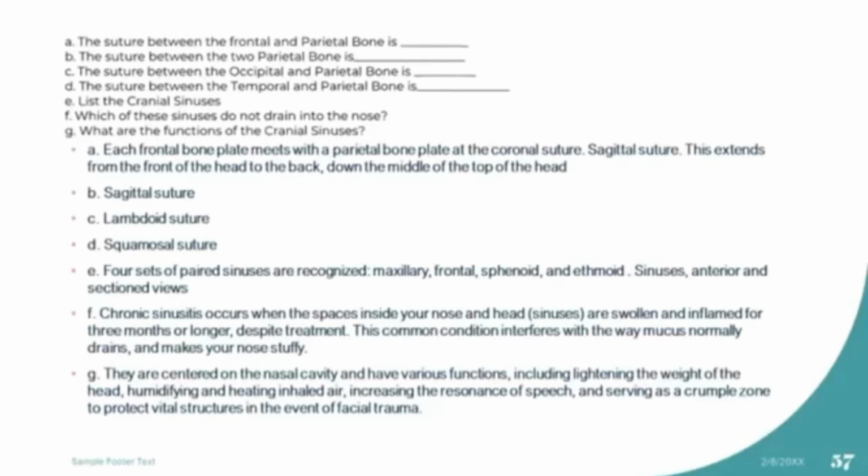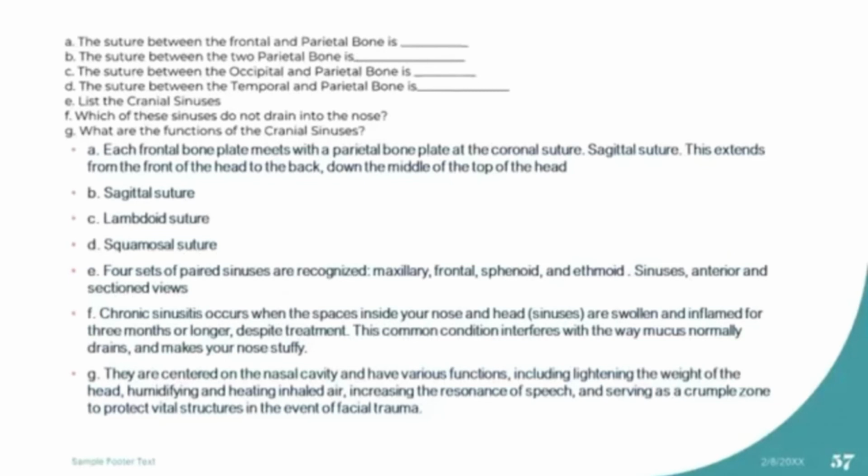E. List the cranial sinuses. 4 sets of paired sinuses are recognized: maxillary, frontal, sphenoid, and ethmoid sinuses, in anterior and sectioned views. F. Which of these sinuses does not drain into the nose?